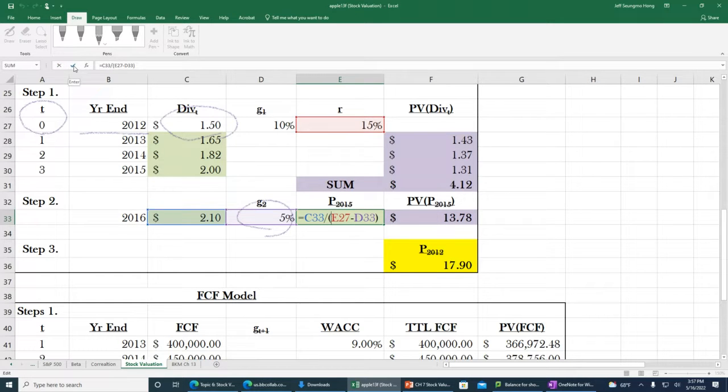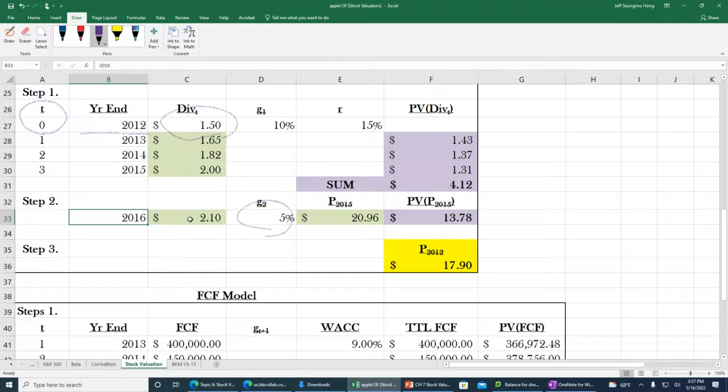But then again, you remember the golden growth model is a one-period model. That means this is the price of the stock at time t. Using the dividend at time t plus 1, which is 2016, we found the price of the stock at time t.